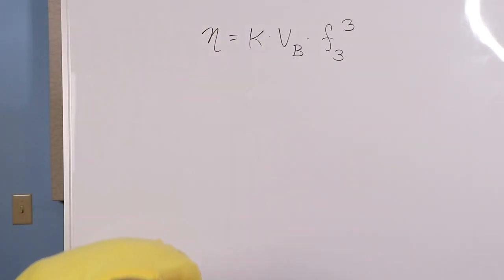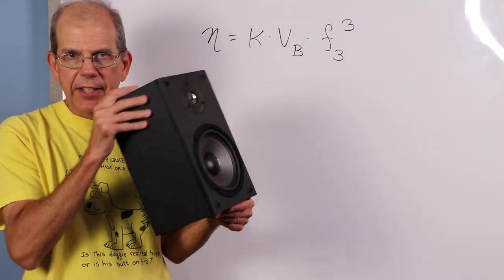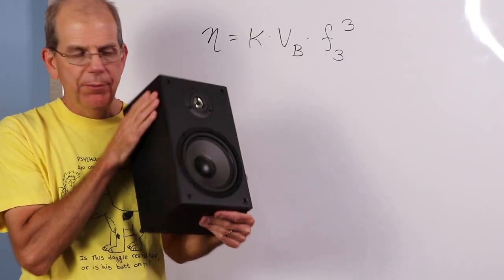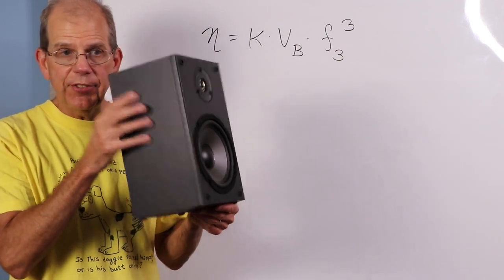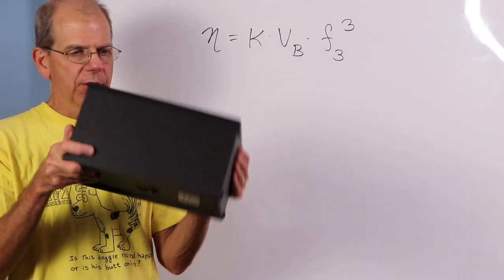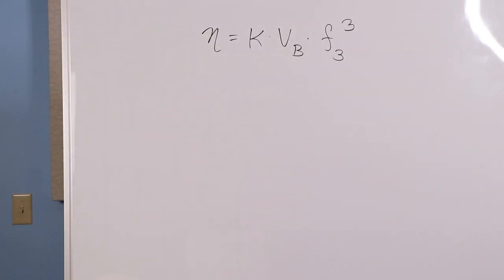So it doesn't matter if you have something like this. Here's a little two-way system. We've got a little woofer and a dome tweeter. This is a sealed system. You can see it's just a sealed box, woofer, tweeter. Sealed.